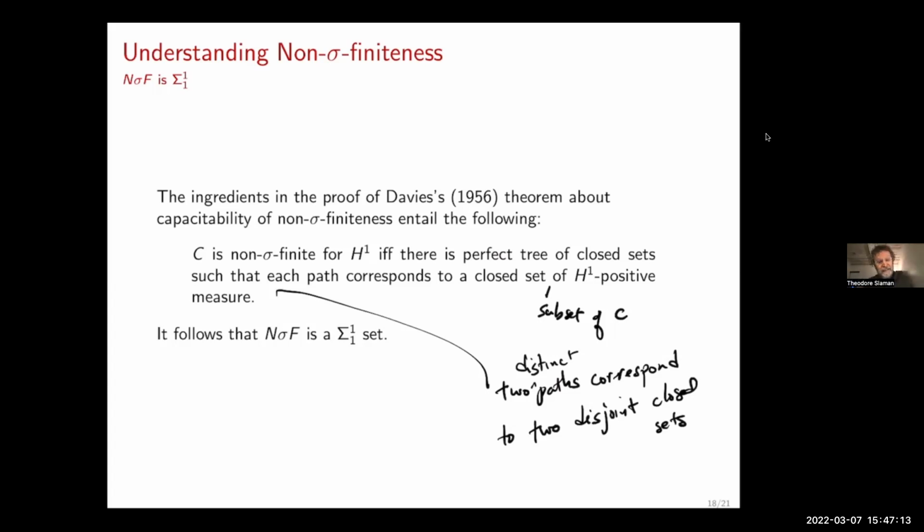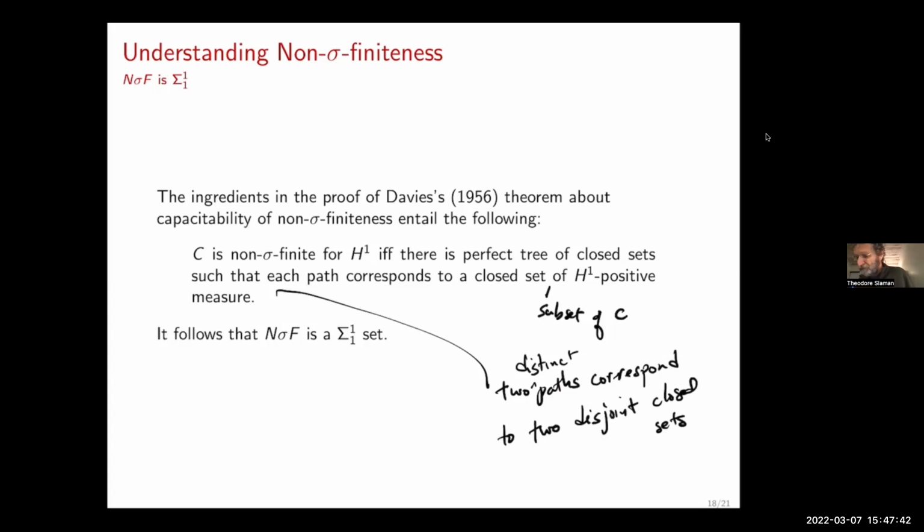Okay. So it follows that not sigma finite is a Σ^1_1 set. You just have to put it together. The set is not sigma finite if and only if there exists a way to put together this tree of closed sets, and to tell whether a path is of positive measure is arithmetic. Okay. All right.